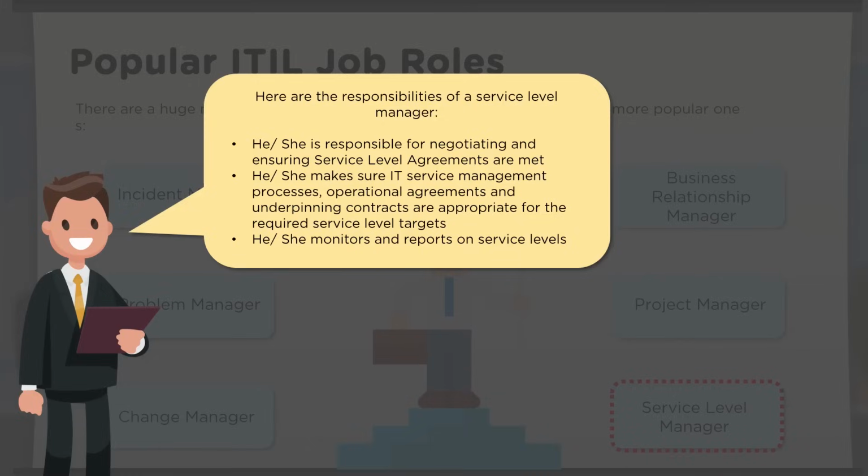Service level manager: the service level manager is responsible for negotiating and ensuring service level agreements are met. A service level manager should make sure that IT service management processes, operational agreements and underpinning contracts are appropriate for the required service level targets. A service level manager should monitor and report on service levels on a regular basis.